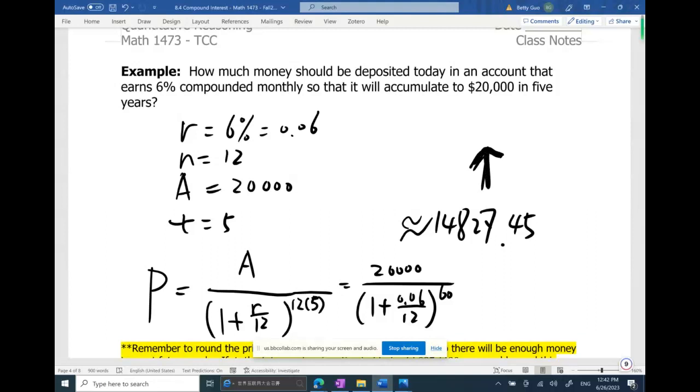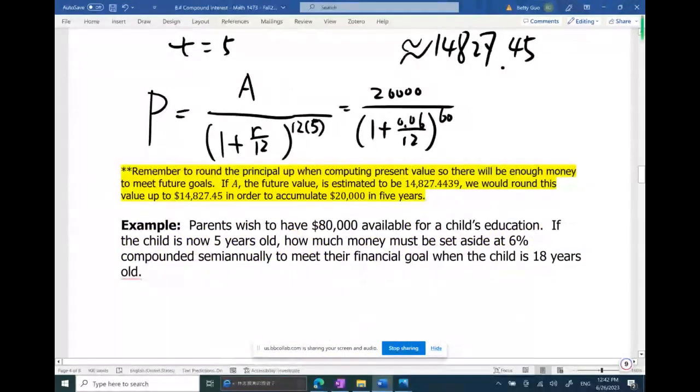If we round it up to the nearest cent, it's supposed to be 45, even though the digit after 4 is 3. Following the normal rounding rule, you should round it down, but no, always round it up. Otherwise, you might be a little bit short of reaching that goal. Like it says here, remember to round the principal up when computing present value, so there will be enough money to meet future goals.